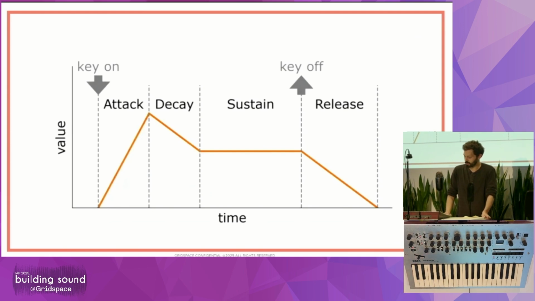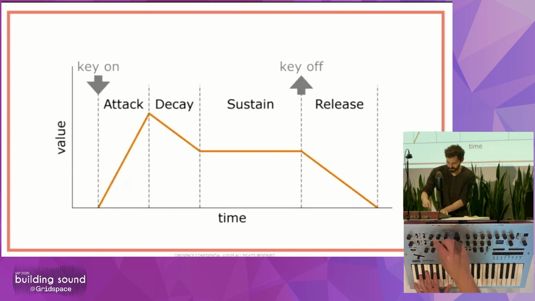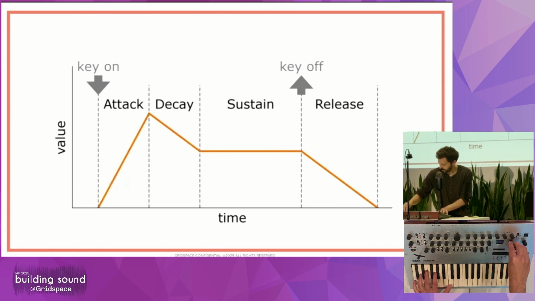So for example, I can make this envelope generator change the pitch of the second oscillator, and so that's going to make it go like woo when I press the keys. So let me show you what that sounds like. There we go.